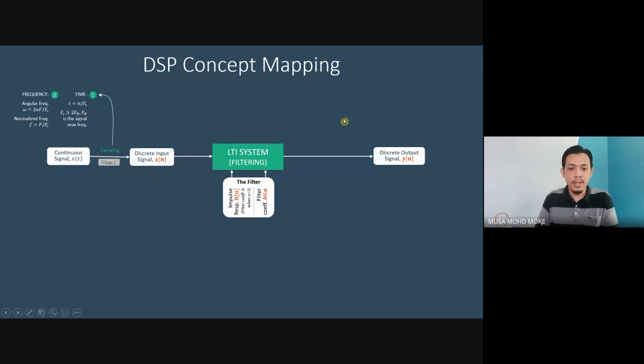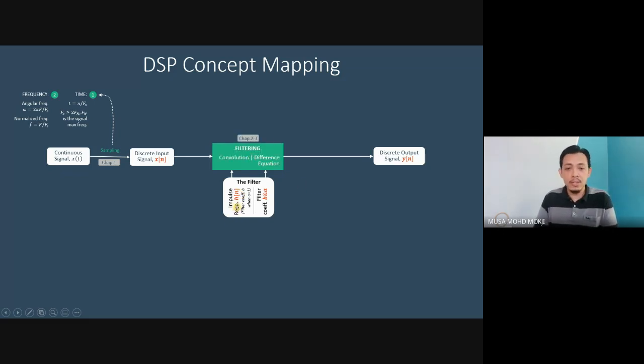We can represent our LTI system also with what we call the impulse response. We denote our impulse response as h[n]. So we have two options: one is using a difference equation, and another one is using impulse response.